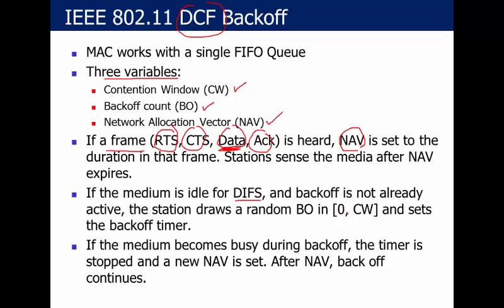So by a random process, say station 1 is next, and all others stay idle. If the medium becomes busy during backoff, the timer is stopped and a new NAV is set.